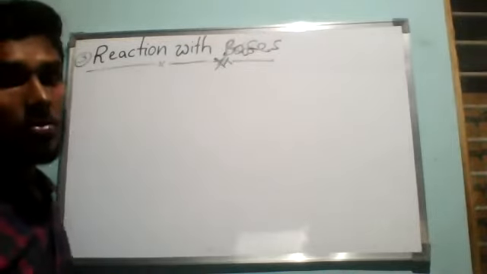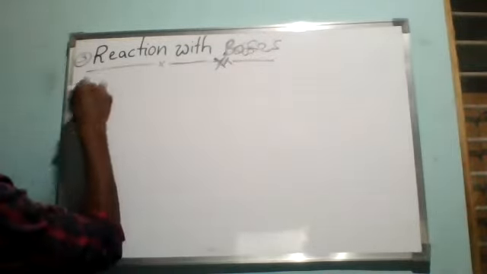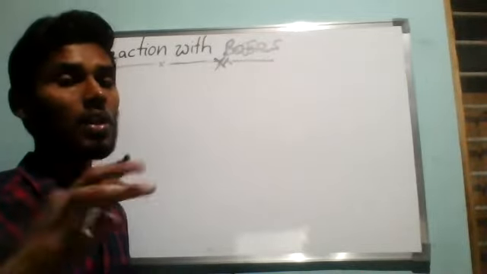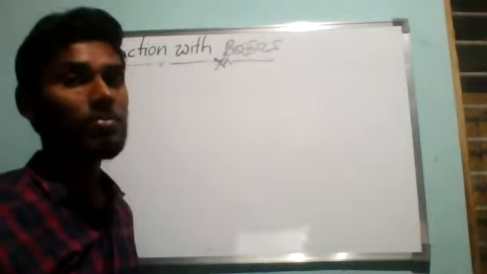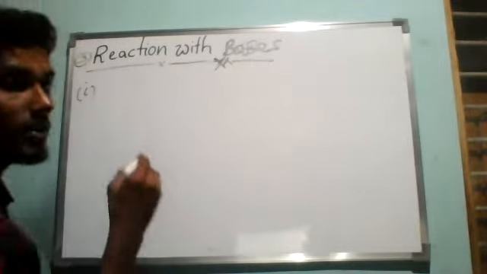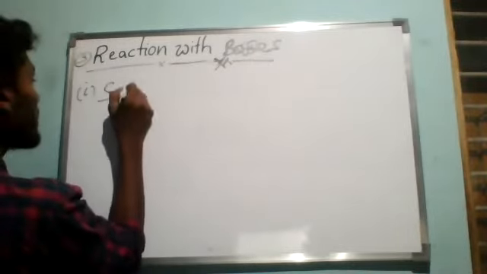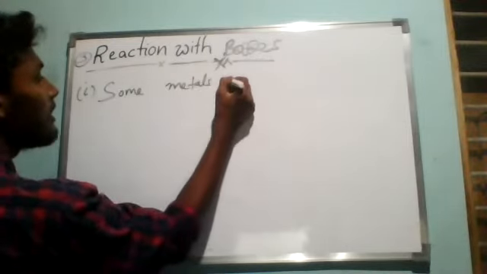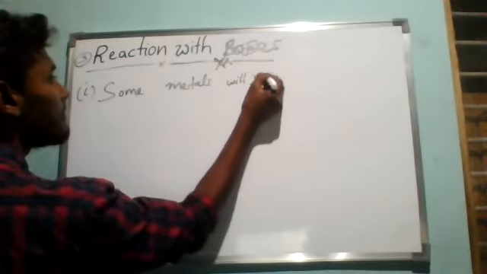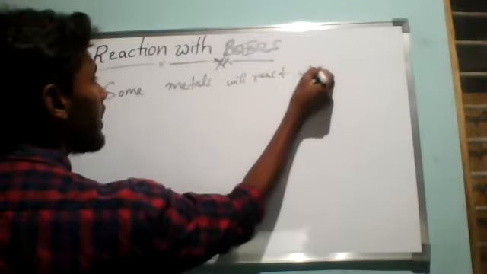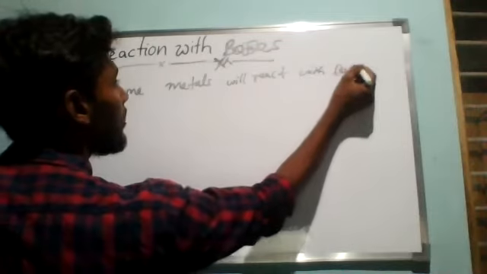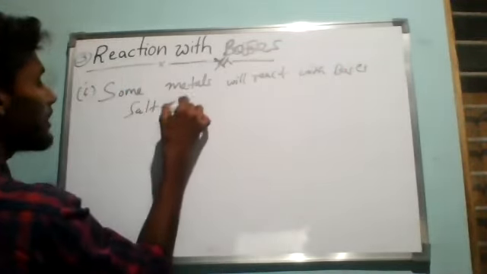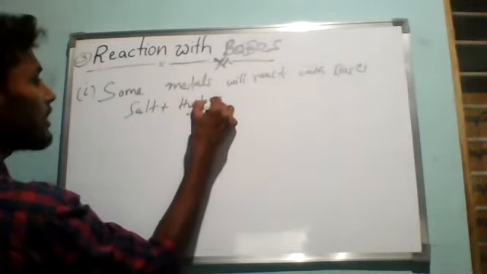Now if it comes to metals, remember not all the metals, some metals react with bases to form salt and hydrogen gas, like acid, the same thing. Only some metals will react with bases, form salt, and release hydrogen gas.